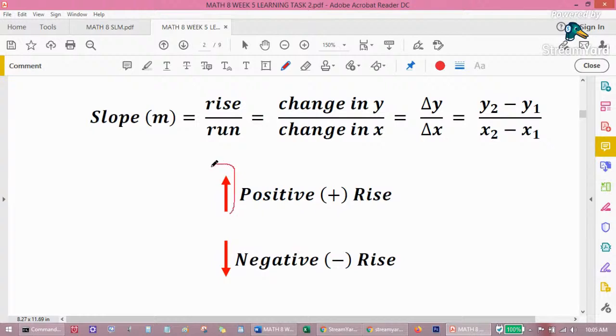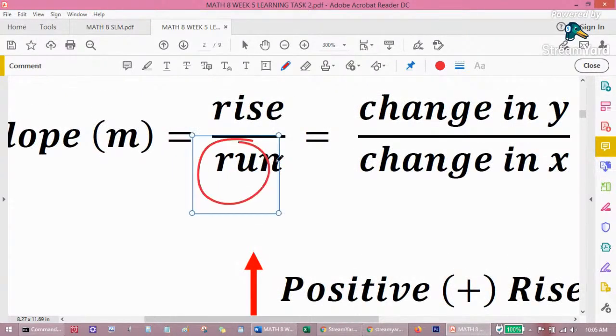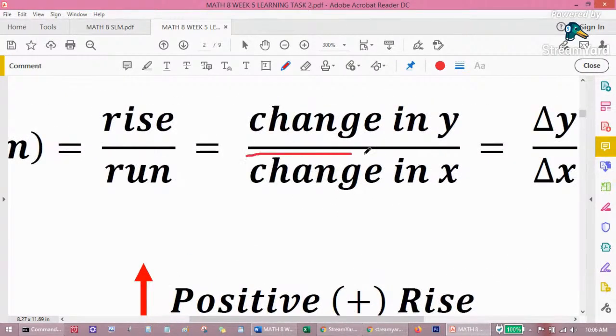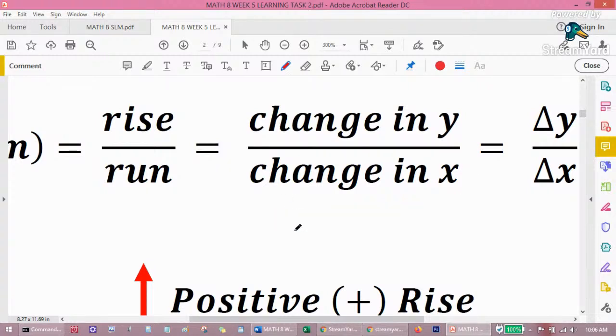So, kung ilan ang inakyat niya or kung ilan yung binaba niya. And the run naman, ibig sabihin ng run is the change in x. Or in Tagalog, ano yung tinakbo ng x? Ano yung nag-iba sa x?